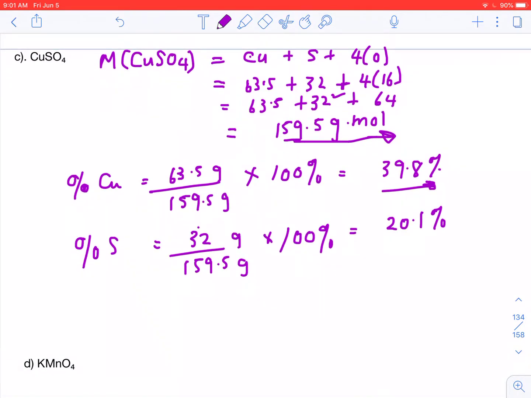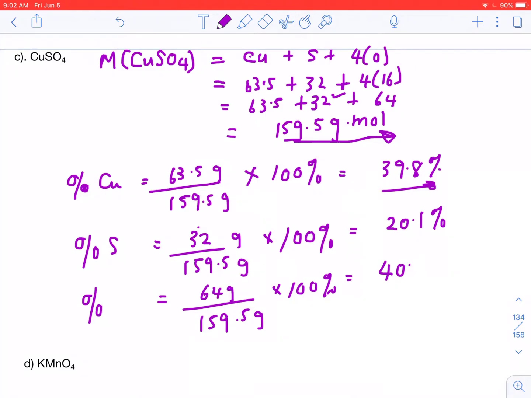Then the percentage of oxygen, we got 64 grams all upon 159.5 grams times 100%, and that gives us 40.1%. And if we add all this, it's going to add up to 100.